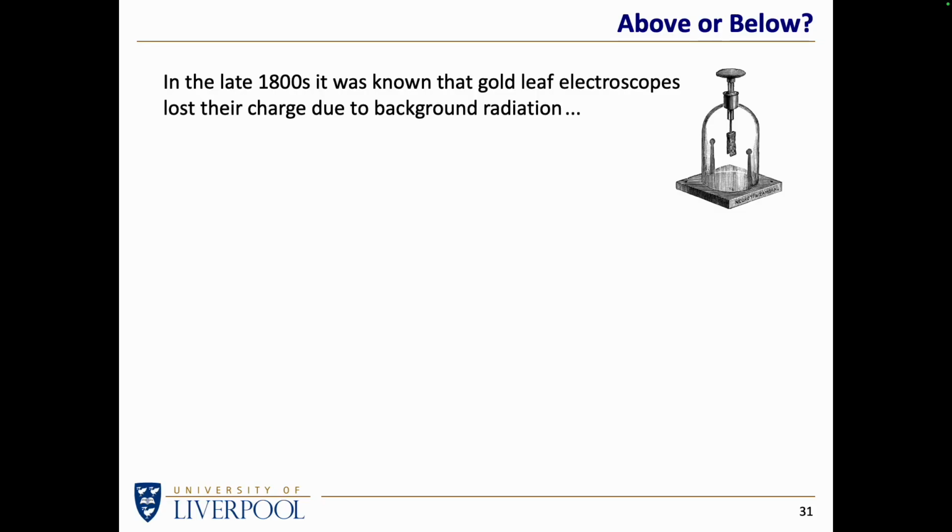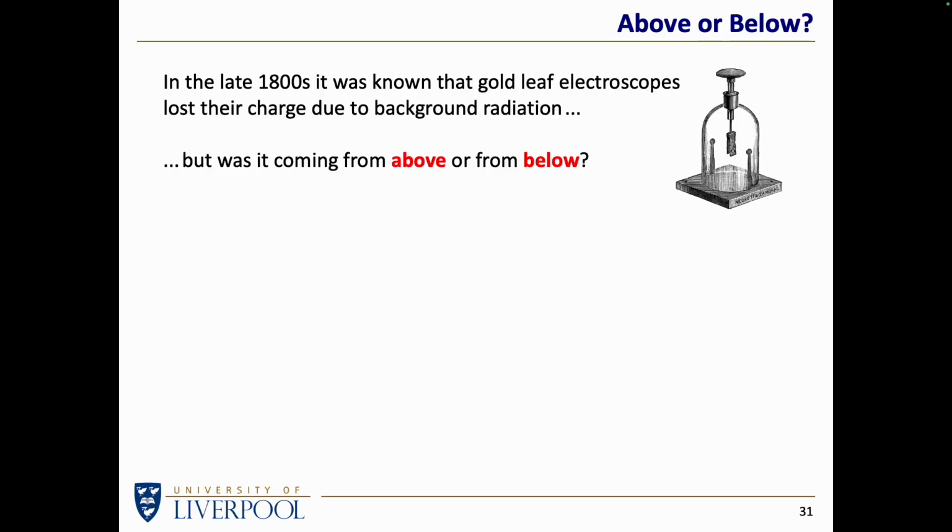But it was noted that whenever you charged one of these up by rubbing a balloon or a cat or a piece of amber or something, these leaves would slowly collapse, indicating that they were discharging. So they figured something is discharging these electroscopes. There's some background radiation that's causing these things to lose their charge. Extra charge is getting in, either positive or negative, we don't know which.